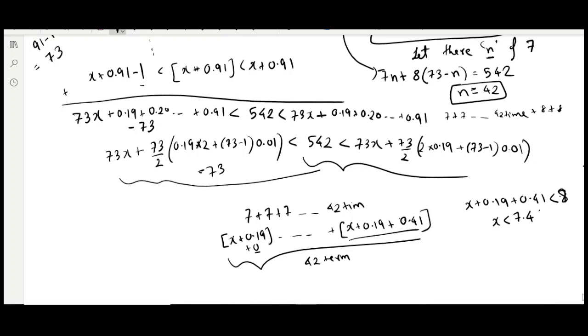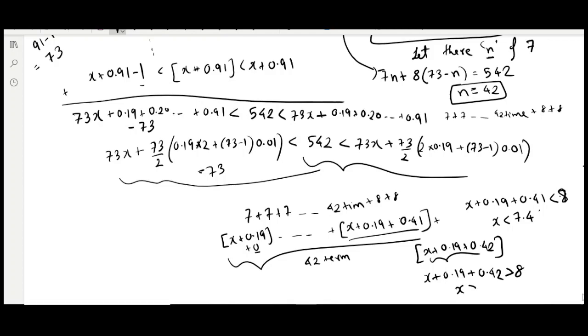Similarly, the next term of this, after the 7s we are getting 8 8 8 8. The next term is x plus 0.19 plus 0.42. This term should be greater than or equal to 8, that's why we are getting the greatest integer function value 8 here. So this next term, x plus 0.19 plus 0.42, should be greater than 8.